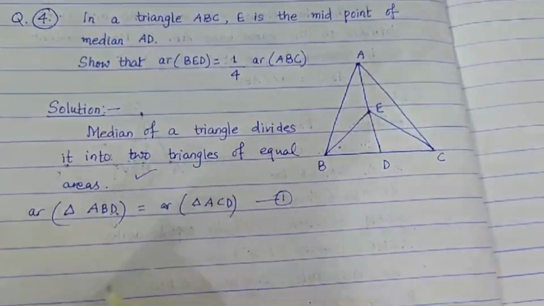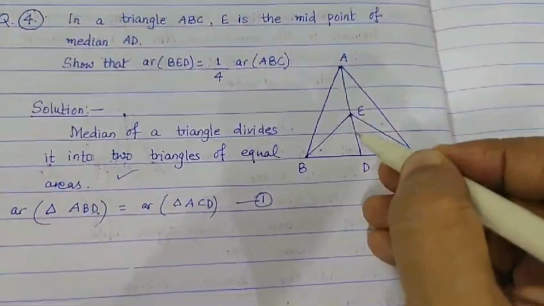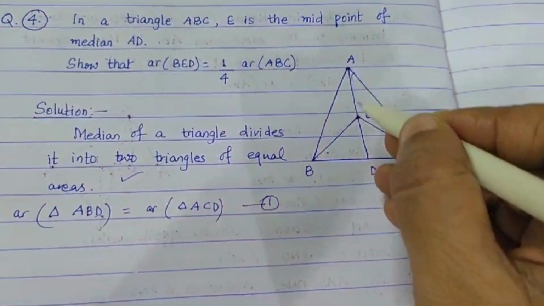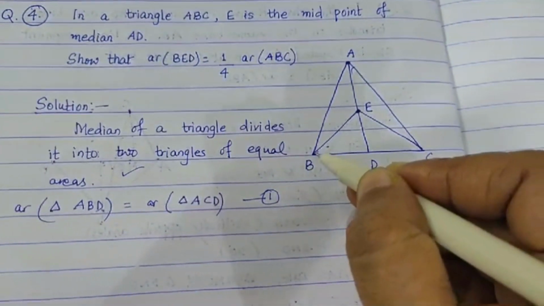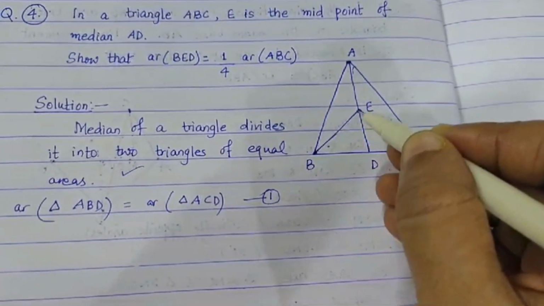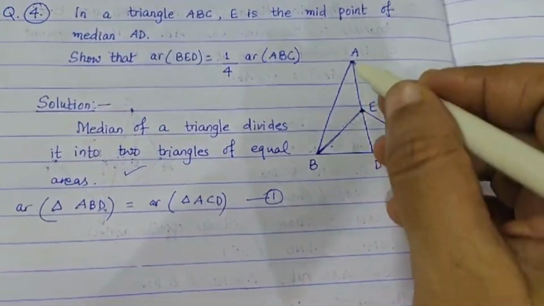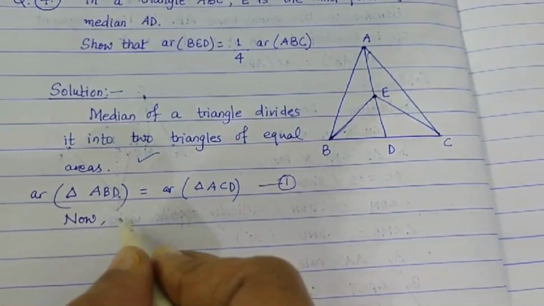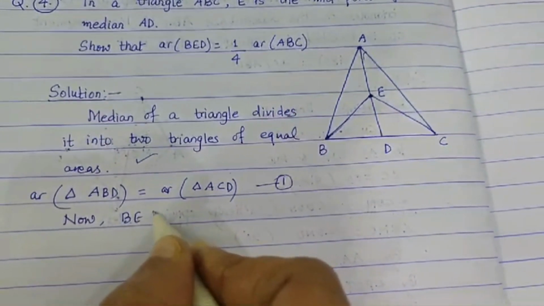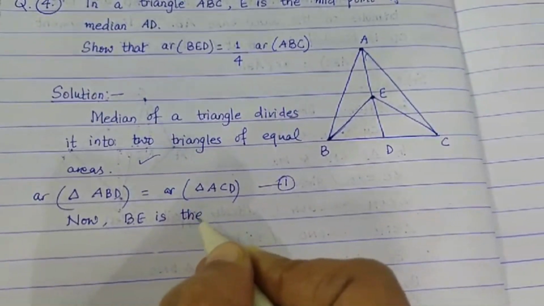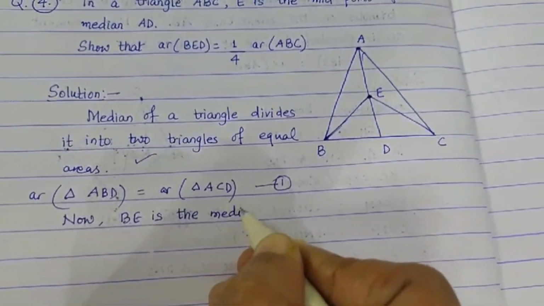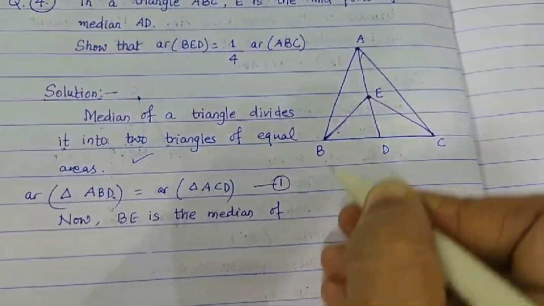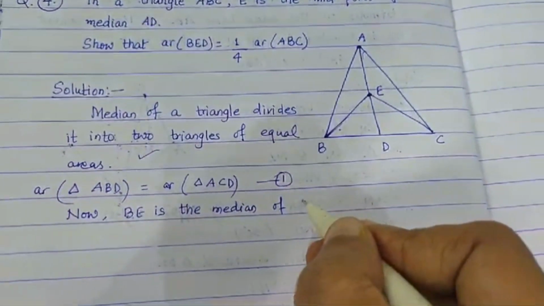Now if you see, E is also the midpoint of this side AD, and when vertex B joins with E, that means BE is the median of this triangle ABD. So we can write BE is the median of this triangle ABD.